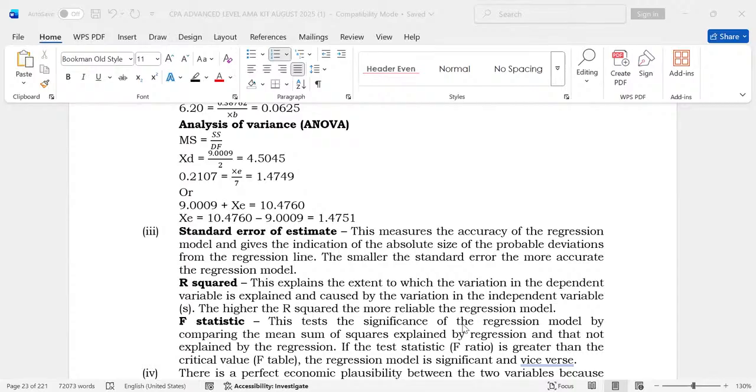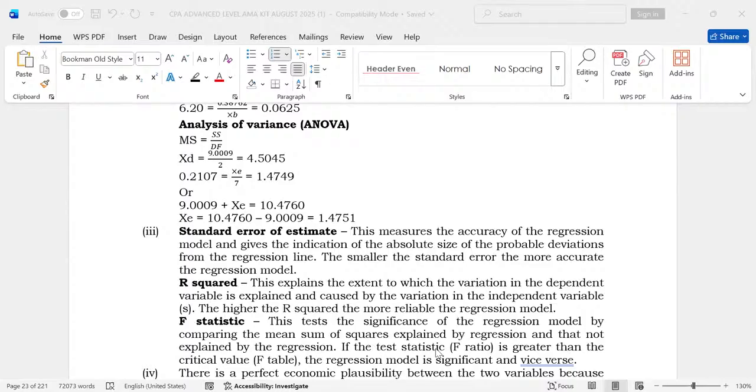I repeat, this tests the significance of the regression model by comparing the mean sum of squares explained by regression and that not explained by the regression.